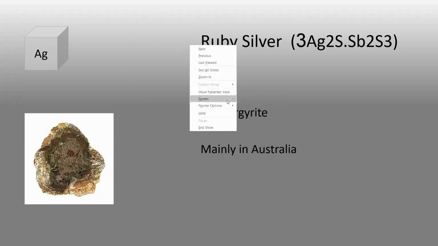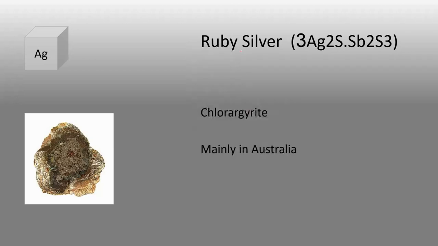Sorry for this interruption. This is not a ruby silver. This is horn silver, and here antimony you will also get as a byproduct, and majorly it is found in Australia.